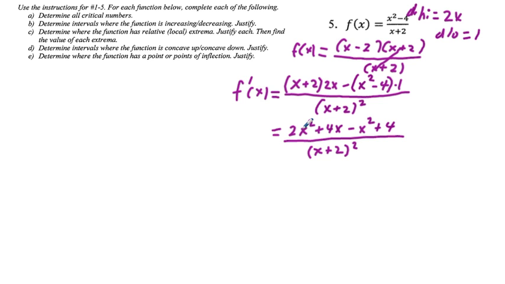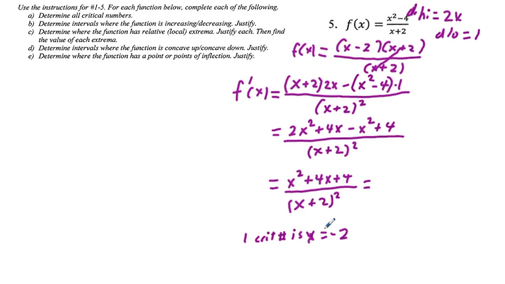And just working this out, we have x squared plus 4x plus 4, and at the bottom we have x plus 2 squared. First of all, the derivative is undefined at x equals -2. So one critical number is x equals -2.